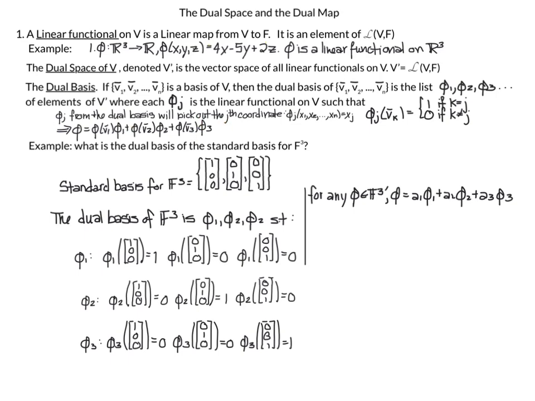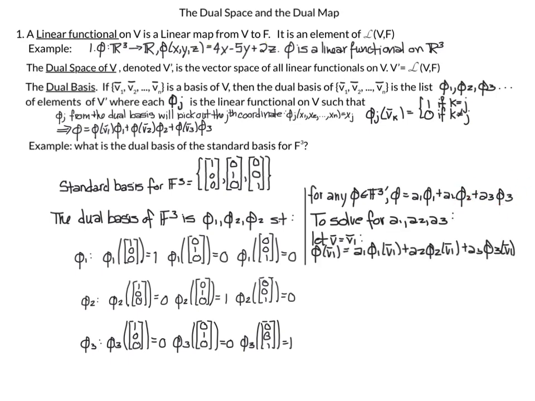I'm going to use this example now to explore this formula here. What this formula is saying is, if we have any functional in the dual space of F3, then we can write that functional as a linear combination of the basis for the dual space, which is a1 times phi1, the first basis vector, plus a2 times the second basis vector phi2, plus a3 times phi3.